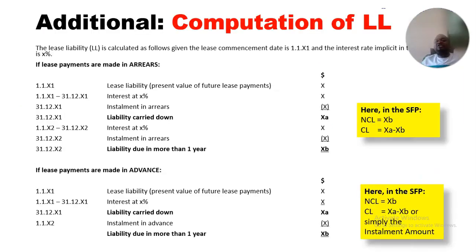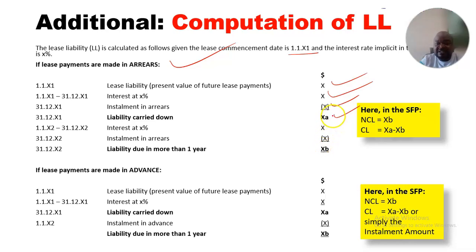Now this is the computational table. We have been dealing with this part. The start of the year is 1st January 20x1. So we have our opening liability, which is increased by the interest, but is reduced by the installment, the installment in arrears. And we come to the closing liability for that particular year. But if we want to do our financials, we have to extend with another year.